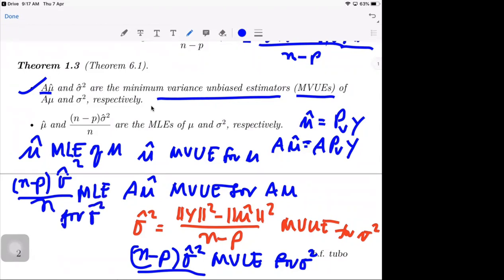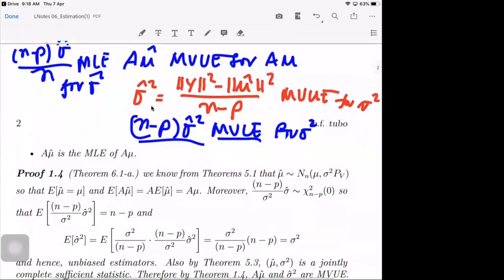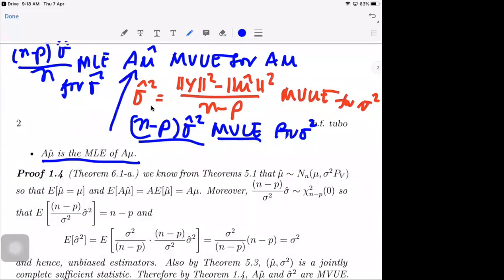Okay, so there is a difference in the MVUE and the MLE for the variance sigma squared. And mu hat is the MLE for A mu.